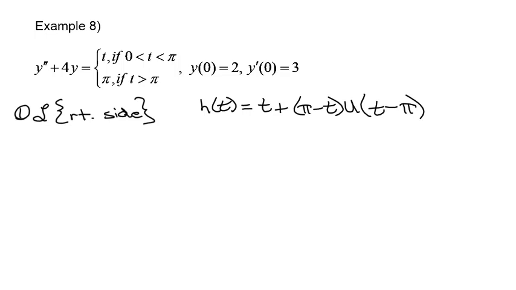Okay. Now, the first term, we know how to find the Laplace of it. Cap h of s, the Laplace of this, according to the rule, would be 1 over s squared plus. Now, remember that this has to be some function of t minus pi right here. So let's call this little h sub 1 of t minus pi.